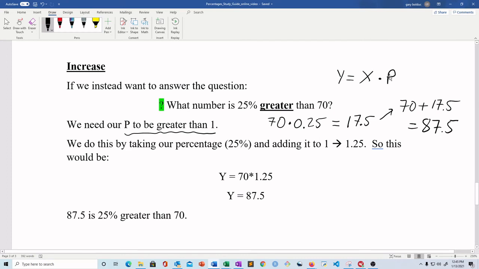I just got to think, what is this p going to be? Well, this p has to keep 70. I need to stay with 70. But then it also has to add 25% on top. And the tricky way we do that is, and it's really not bad, we take 1. This 1 represents keep.